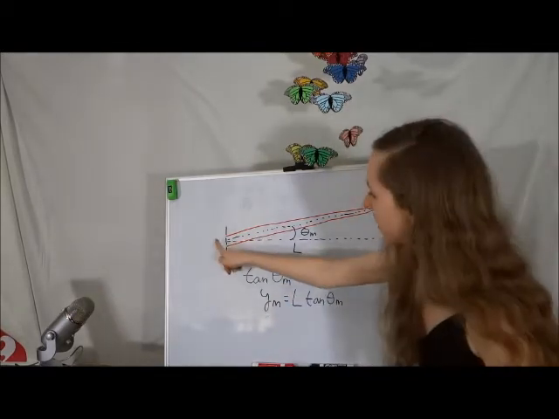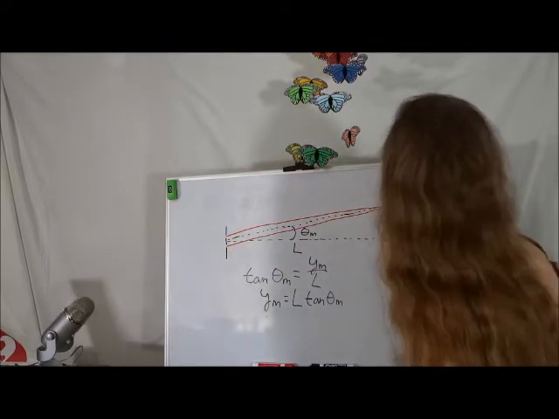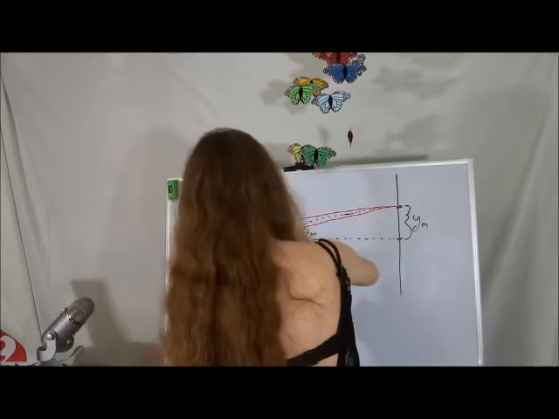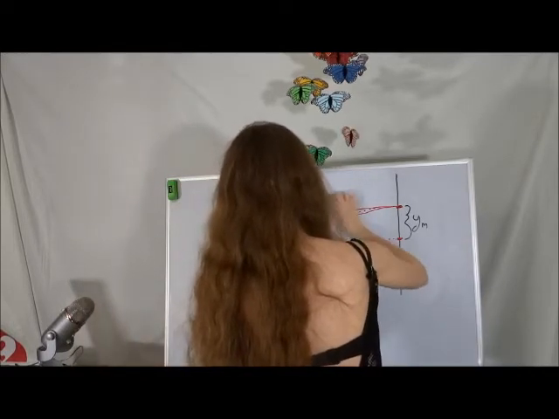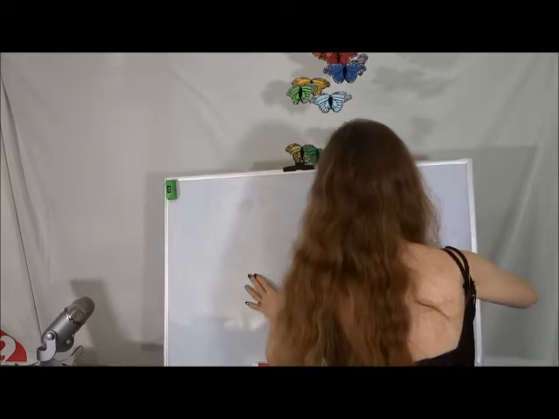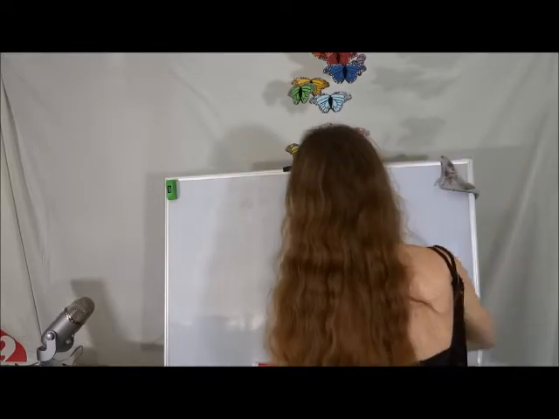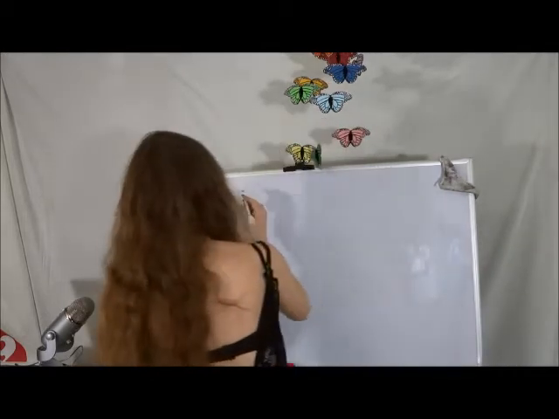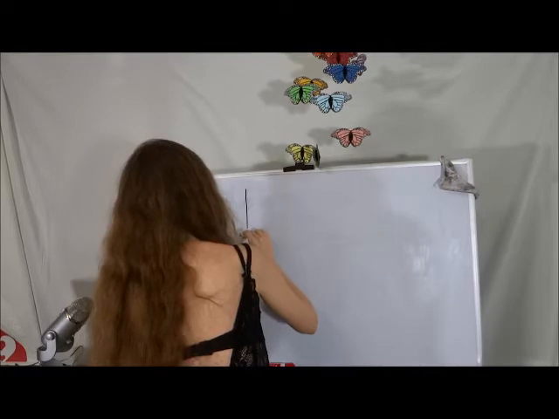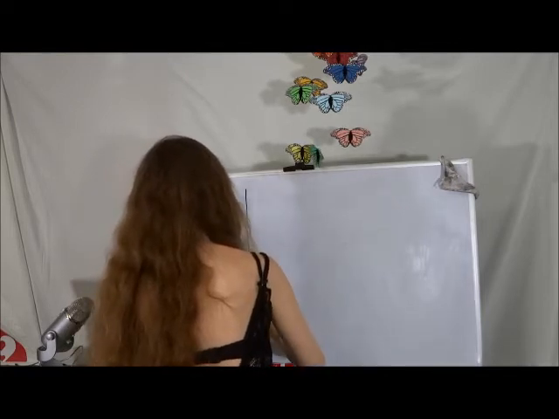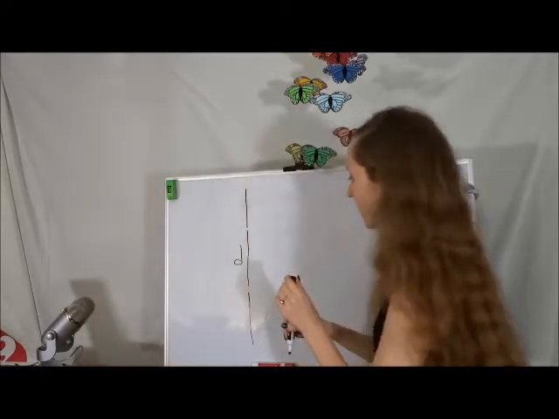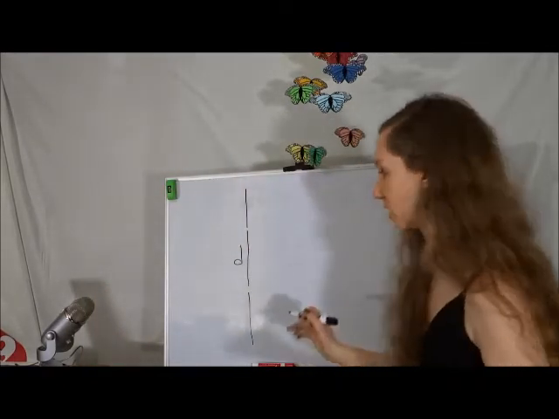So we're just going to enlarge this region we had here. So zooming in on our double slit, we're going to say the distance between the two slits is d, the separation distance.